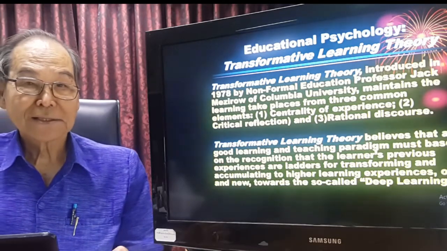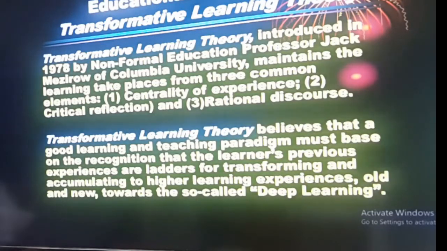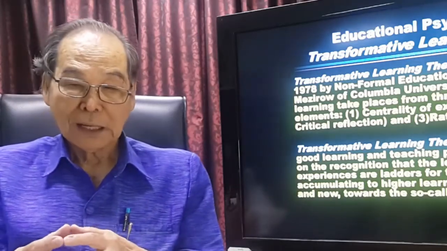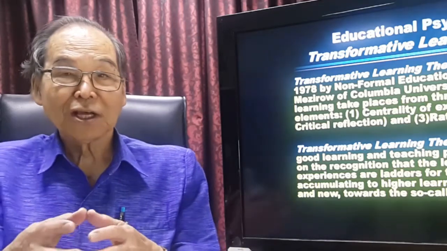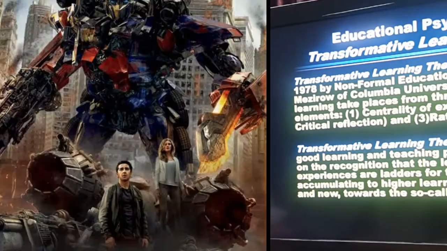The second new normal context of psychology is the so-called transformative learning theories. Transform, what does it mean? You see the Transformers movies, right? A car changes into a very big robot.